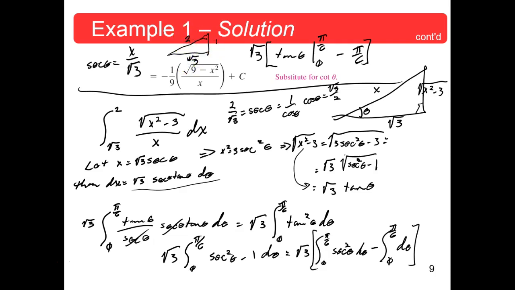Remember that? Sure, for 30 degrees. What's the tangent of that? 1 over root 3. Right. So this will be root 3 times 1 over root 3. And when I subtract, what's tangent of 0? 0, okay, that's gone. Minus pi over 6.